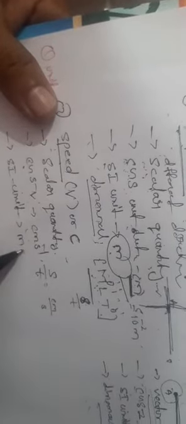The SI unit of speed is meter second inverse.